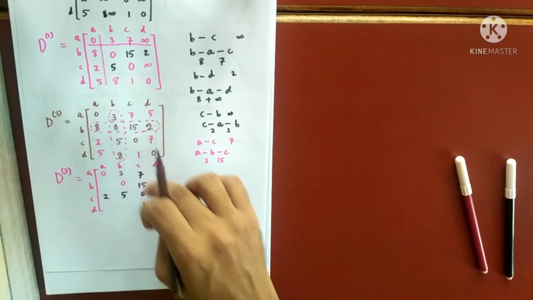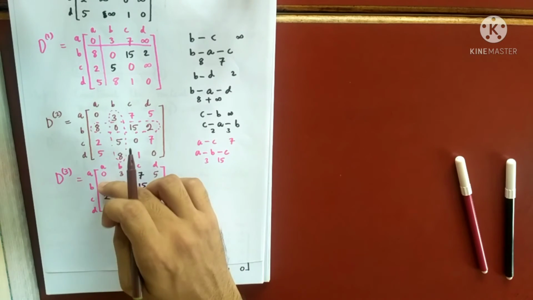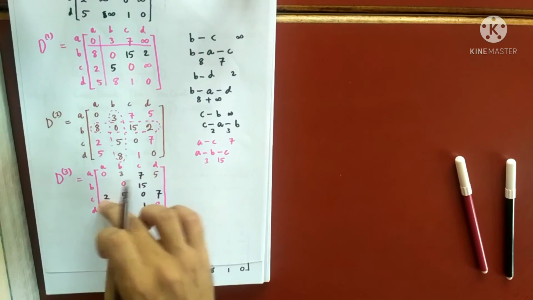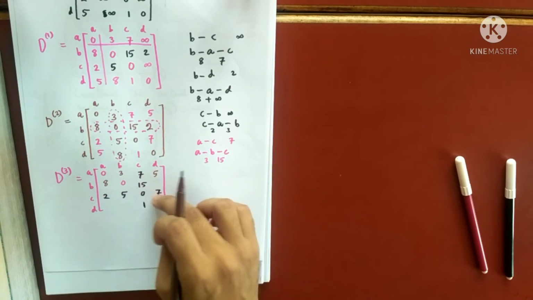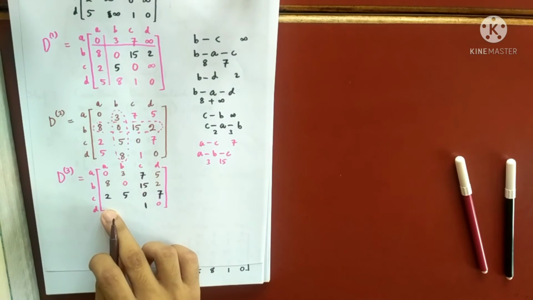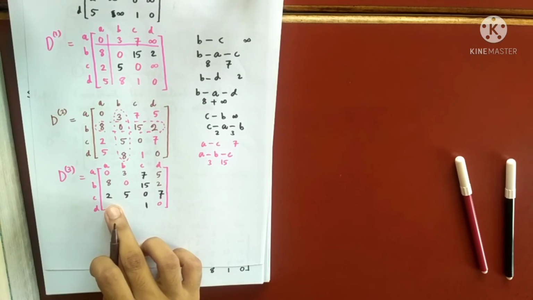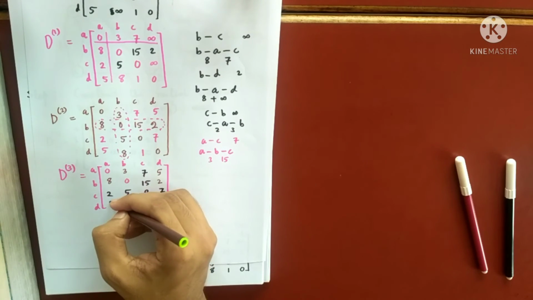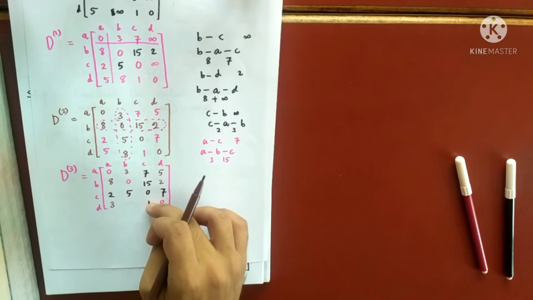This one is 7 plus 7 is 14. Initially it was 5. No need to change. This one is 15 plus 2, 17. Initially it was 8. No need to change. 7 plus 15. Initially it was 2. No need to change. This is, be very careful, 2 plus 1. You see? 2 plus 1, that is 3. Initially it was 5, we will change. This is 5 plus 1, 6.